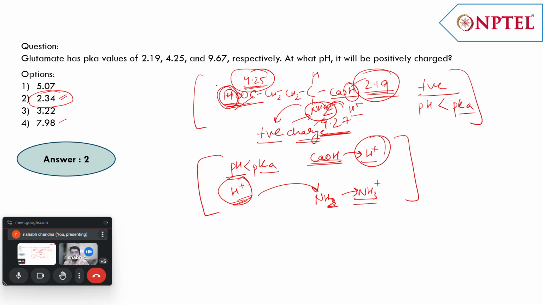Okay, so here in the pH that is given below, the 2.34 value has a similar range because it's less than the pK value of the side chain carboxylic acid, the main carboxylic acid, and the amino group. So this would be protonated, and this would also be protonated in that case.